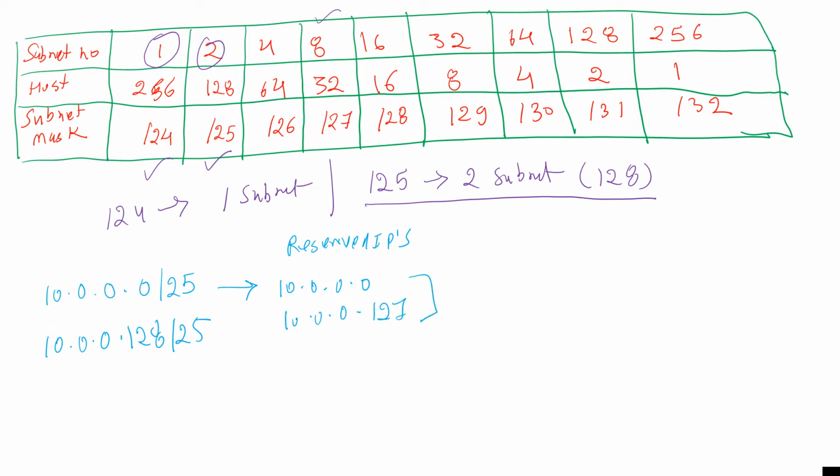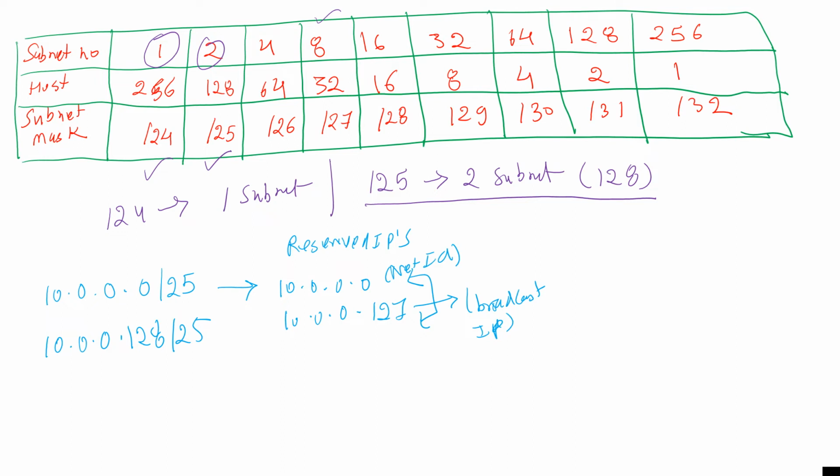These two IPs are always reserved in any subnet. Again, if you are working on AWS, they will reserve some more IPs, but in the networking concept, these two are reserved. This is your net ID and this is your broadcast IP.